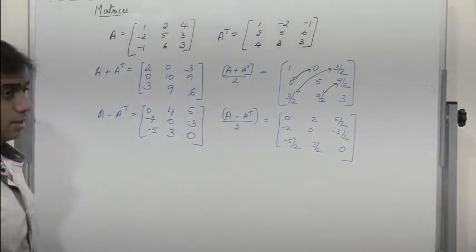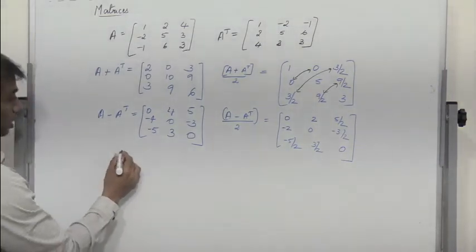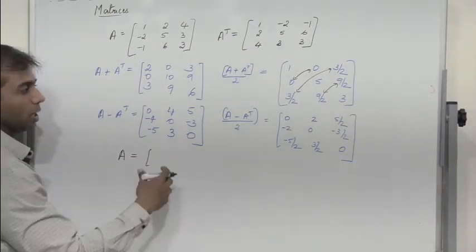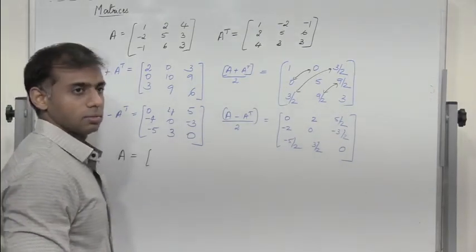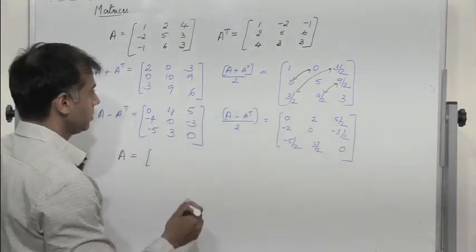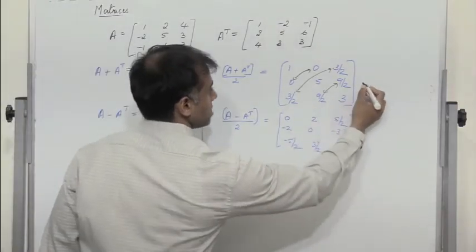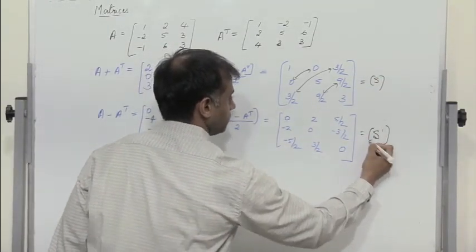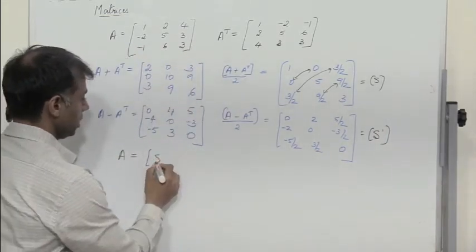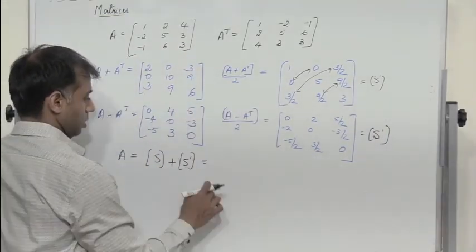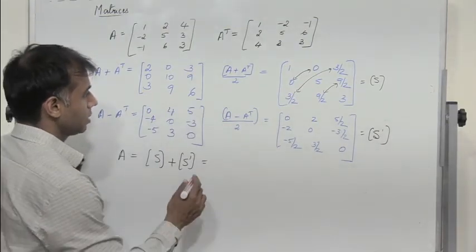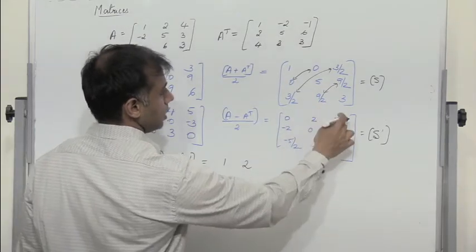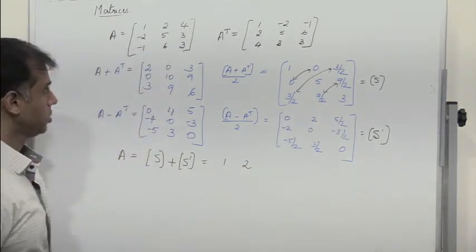Because I need to get A, right? So my goal is to write A as the sum of a symmetric plus a skew symmetric matrix. So let me call this matrix S and let me call this matrix S dash. So let me add S and S dash. So what do we get? We get 1 plus 0 is 1, 2 and then 3 by 2 plus 5 by 2 is 4.